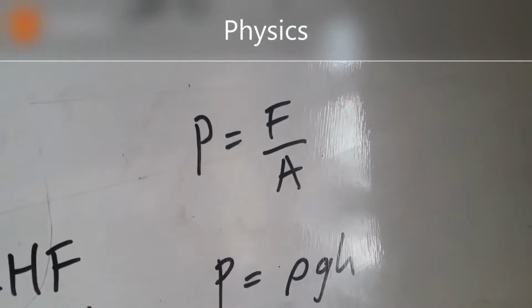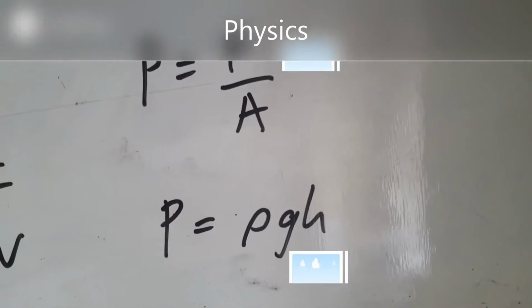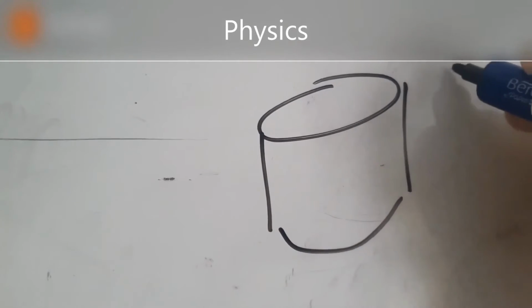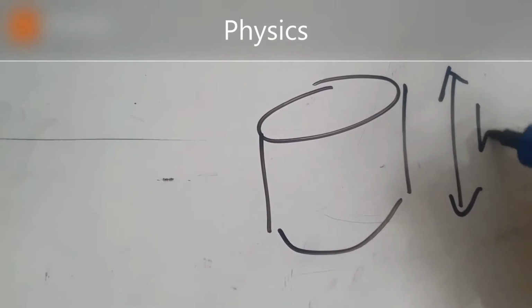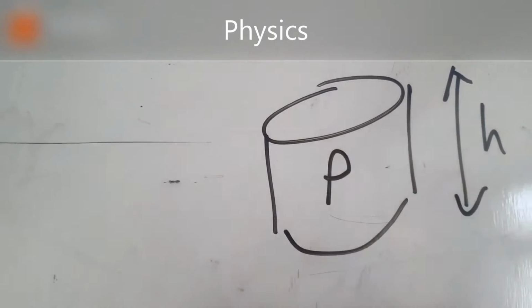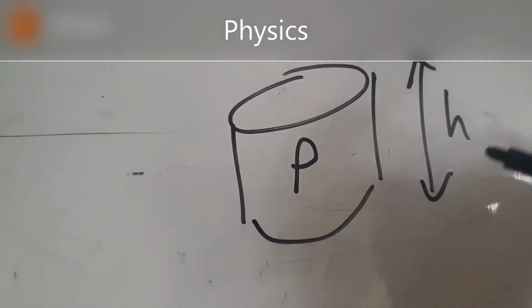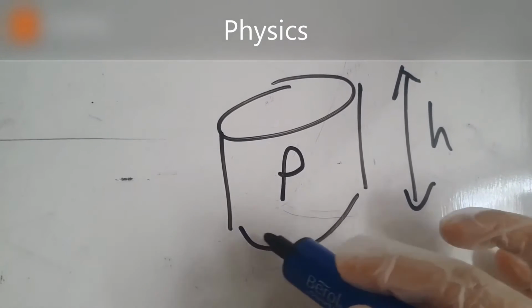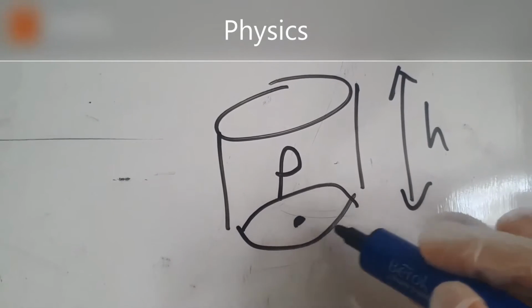In this case, rho is density, g is 9.81, h is height. If you imagine a volume of water at a height h above a certain point, where rho is the density of the fluid, then the pressure below that point would be rho g h.